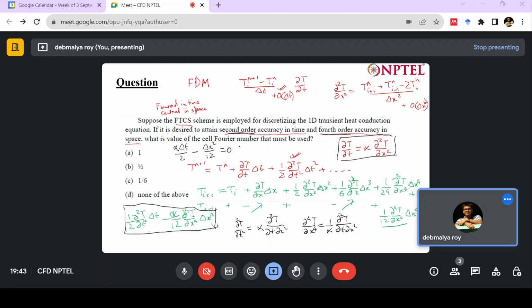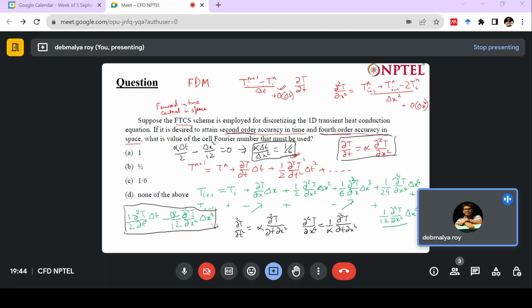This should be equal to 0. That gives us alpha delta t divided by delta x square, which should be equal to 1 by 6. And this is the expression that was asked. So this is the Fourier number, and this should be 1 by 6. Okay.